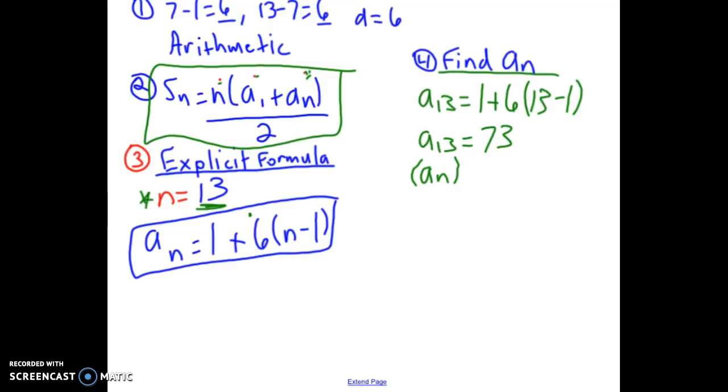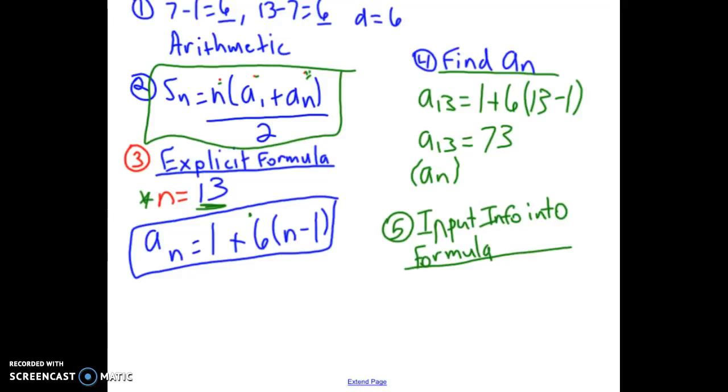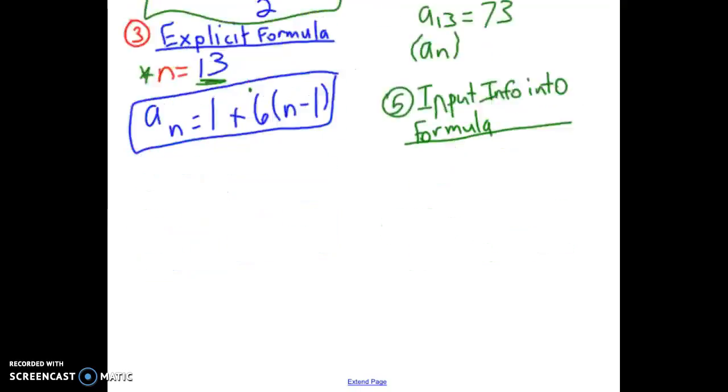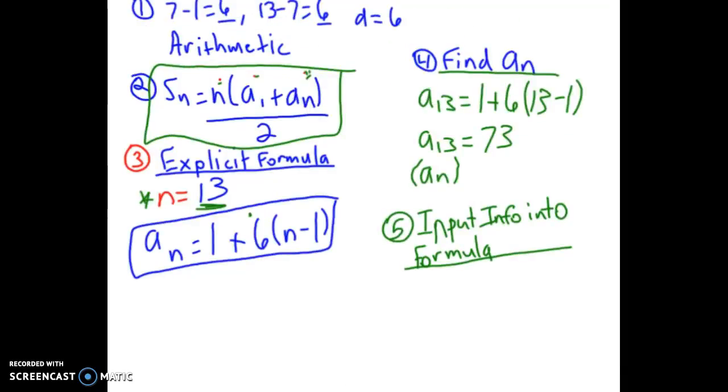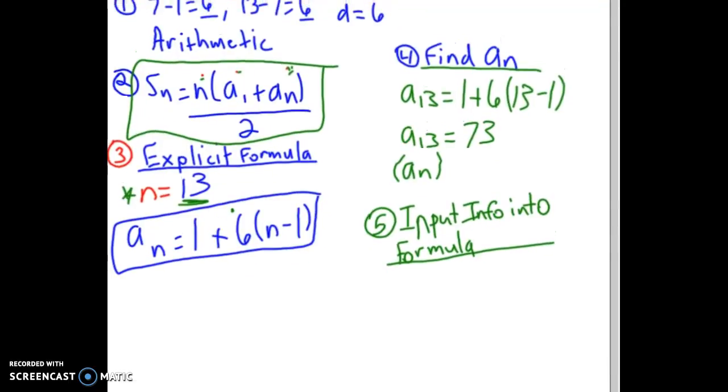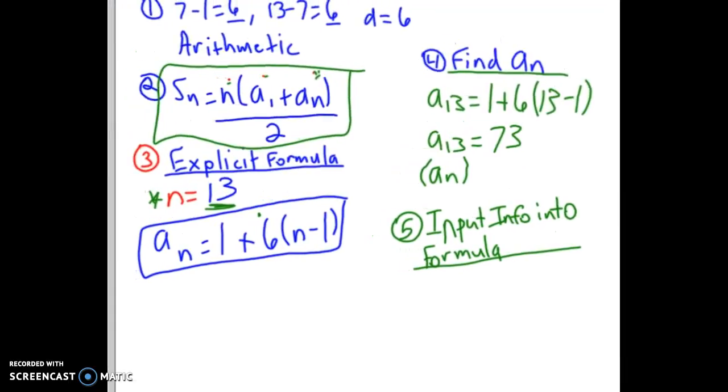Now I have found all the pieces that I need. I know it's a lot for one problem, but you're more than capable of doing it. I have found n, a sub 1, and a sub n. So the final step, the fifth step, and I need to see this laid out like this, is to input info into formula. I'm going to write S of 13 because I'm trying to find the sum of the first 13 terms.